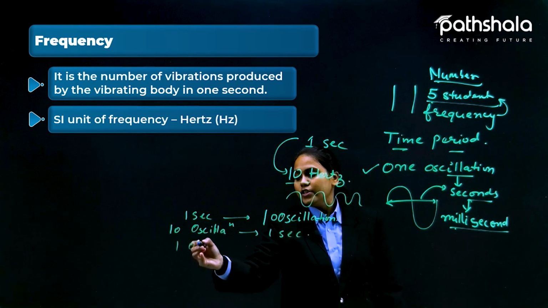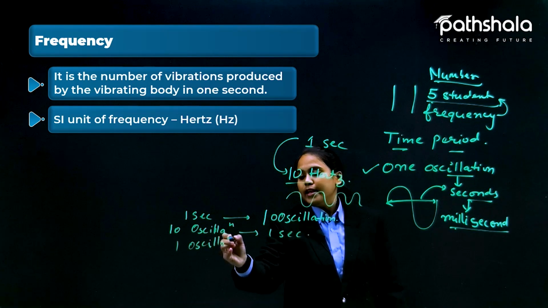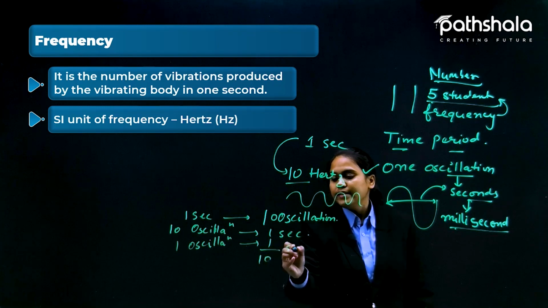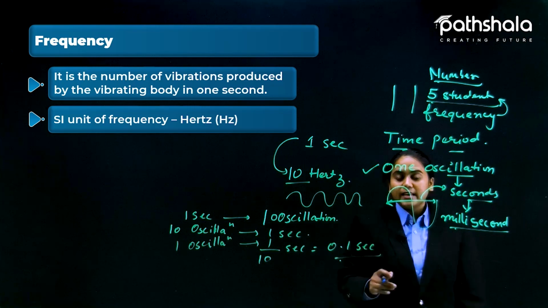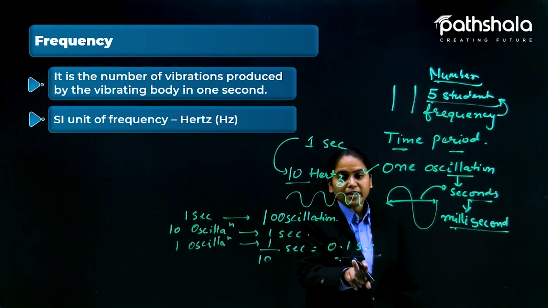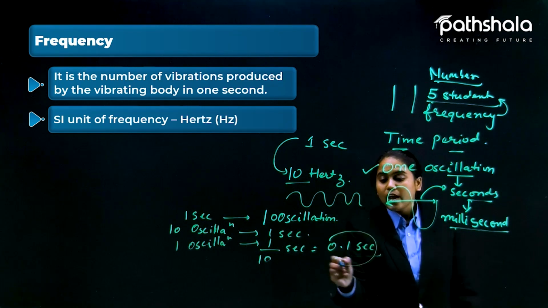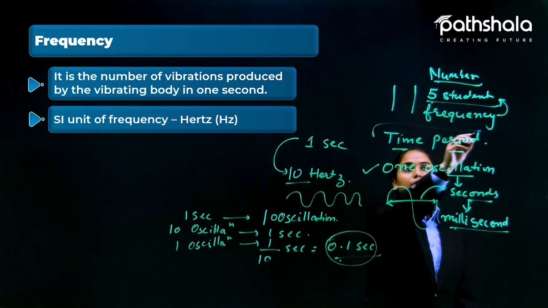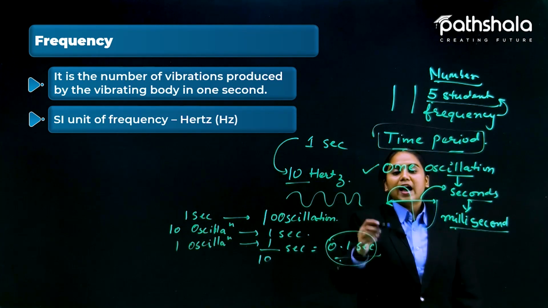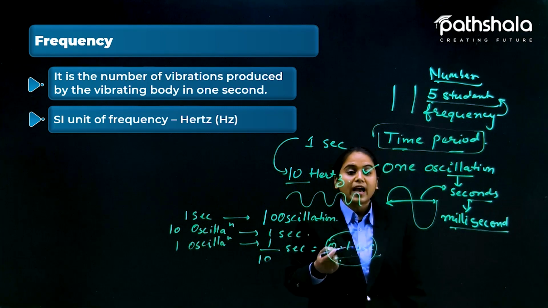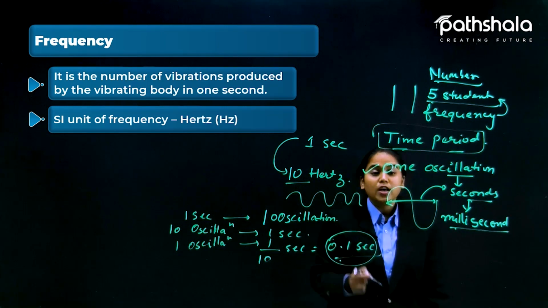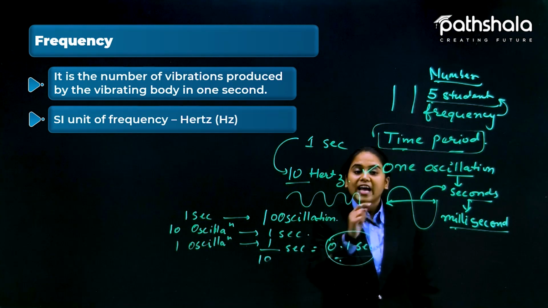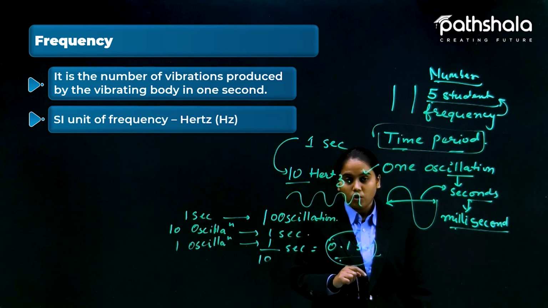So one oscillation will take 1 by 10 seconds, that is 0.1 seconds. This is a very short time period. This is why we provide the frequency term, to calculate the number of vibrations in 1 second, so that we get to know the time period of one oscillation also.